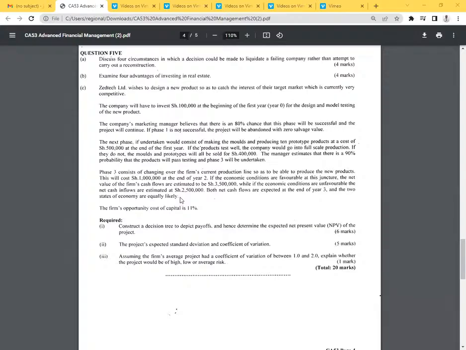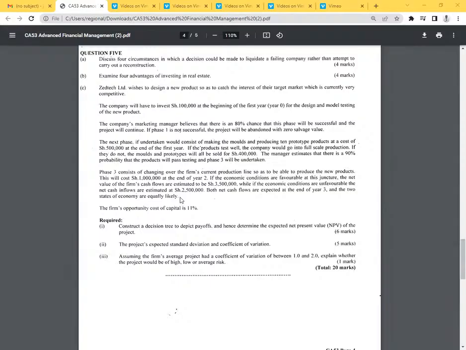If the economic conditions are favorable at this juncture, the net value of the firm's cash flows is estimated to be 3.5 million. While if the economic conditions are unfavorable, the net cash inflows are estimated at 2.5 million. Both net cash flows are expected at the end of year 3, and the two states of the economy are equally likely.